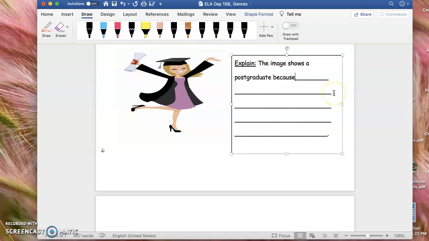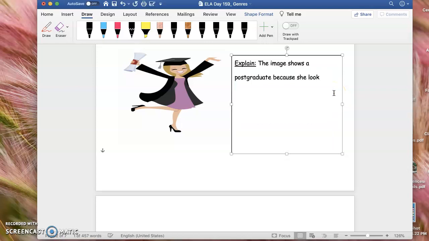I know because she looks like an older woman and as if she is studying future skills after college.